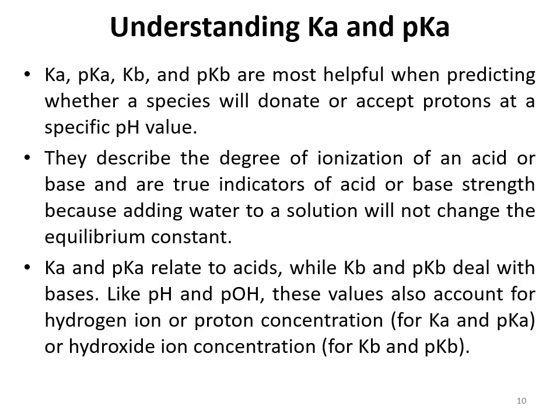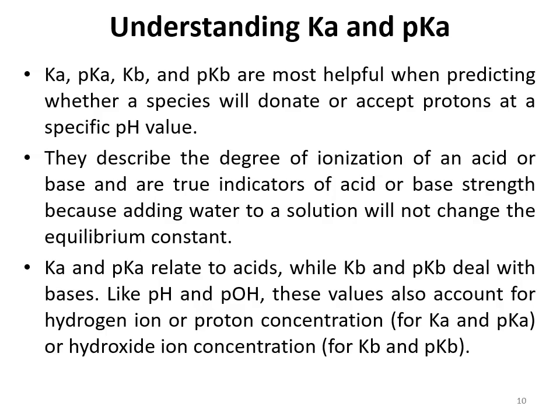So when you want to know whether any species will donate or accept a proton at a specific pH value, you have to deal with Ka, pKa, Kb and pKb values. Ka is called the dissociation constant for an acid, a quantitative measure of the strength of an acid in a solution.